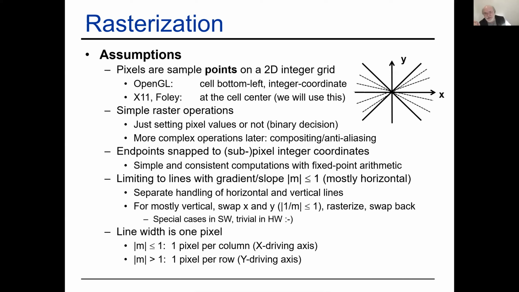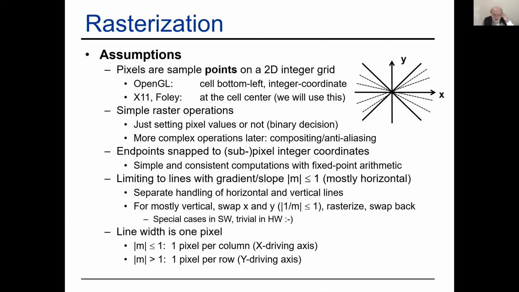So if you do anything with OpenGL, if you want your integer coordinates to really be in the center of the pixel, you need to shift everything by half a pixel, which is important to consider. You see this in some OpenGL applications. Also, we're mostly only thinking about simple raster operations.